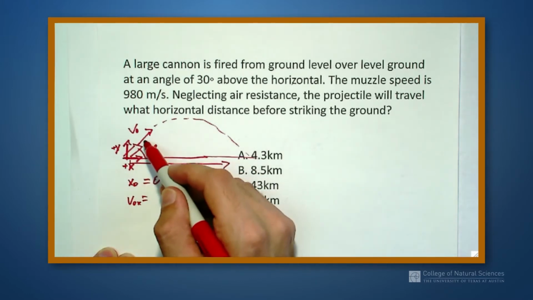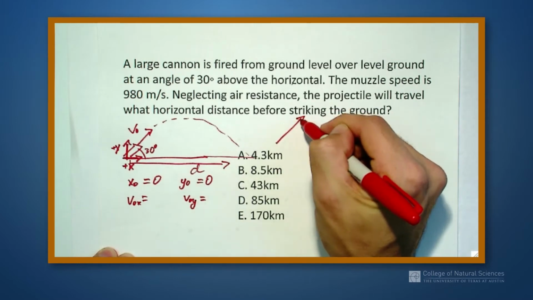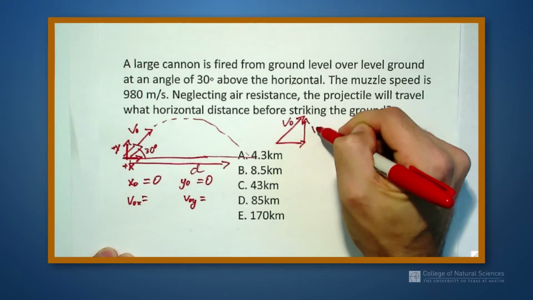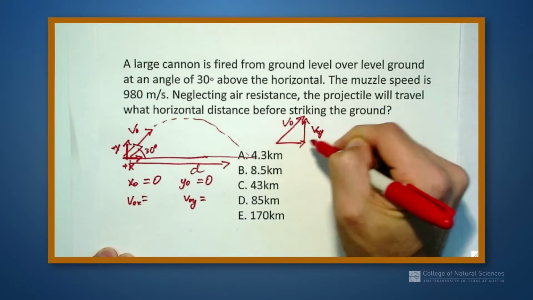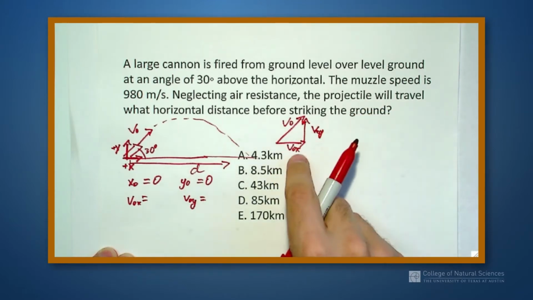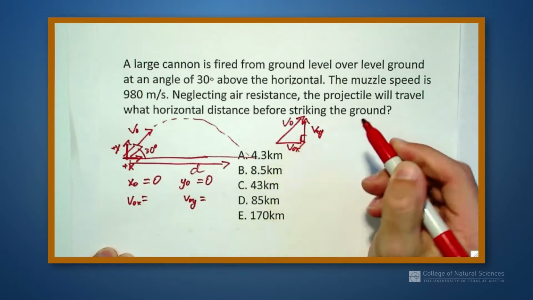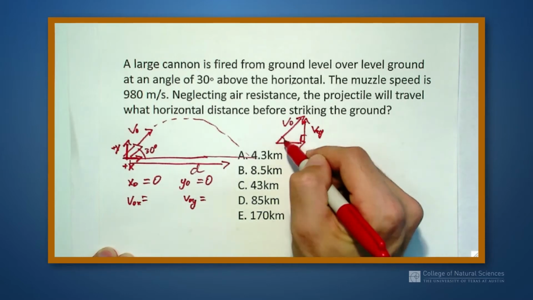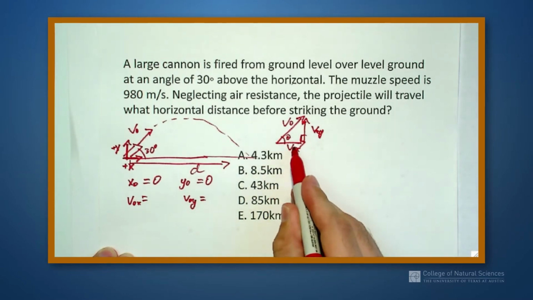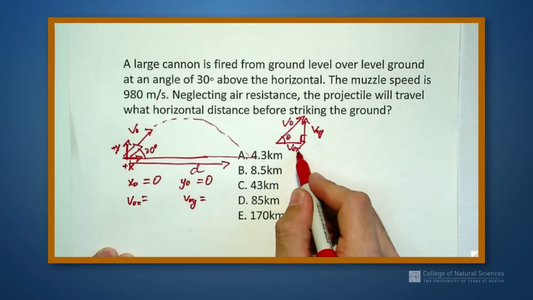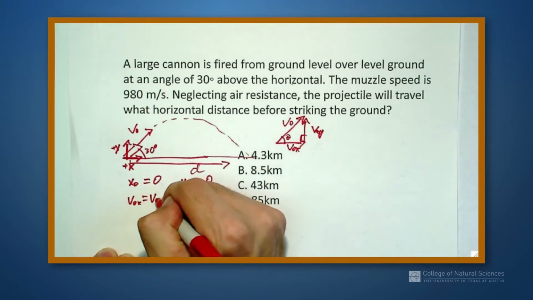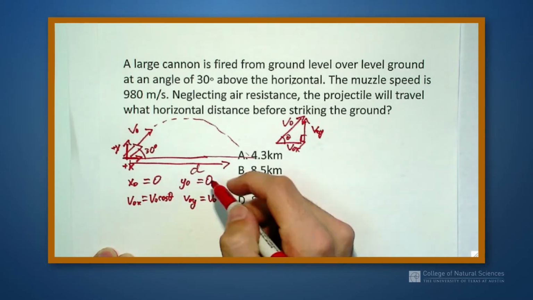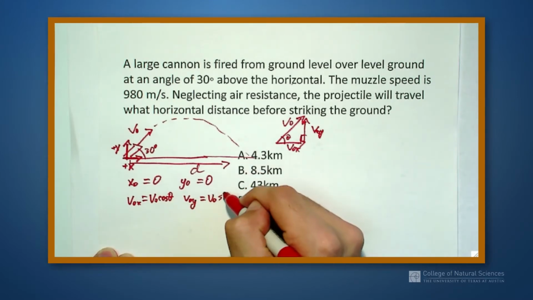The initial muzzle velocity we knew was V0, and we want to know the V0 y and the V0 x, the x and y components of this. Using this little triangle, with the angle theta in there, V0 x is going to be V0 cosine of theta, and V0 y is equal to V0 sine of theta.